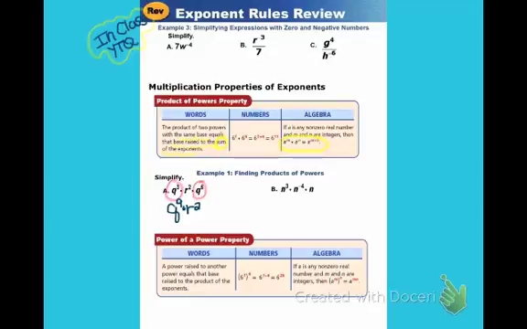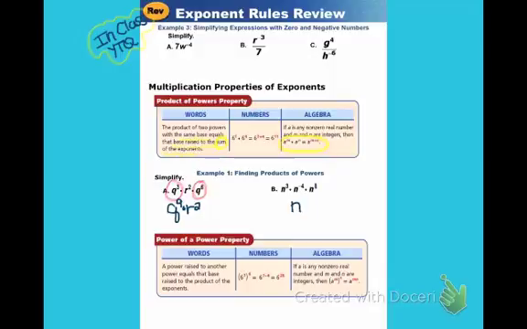Well, this is where I see some students make mistakes, and that's because sometimes when you have a base that does not have an exponent listed on it, they forget that it's really implied that it's a 1. So what this is really doing is combining these three bases that are all the same, and to do that we're just going to add the exponents.